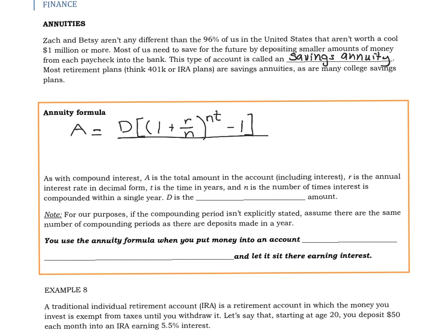So you see we're going to be multiplying this regular deposit by this whole expression, and so that's why we have it in parentheses, and divided by our annual percentage rate over the number of times it'll be compounded.